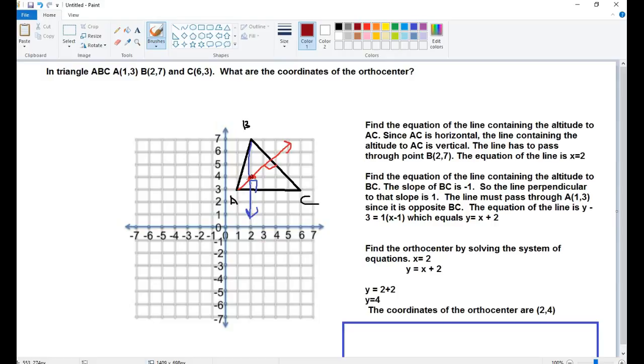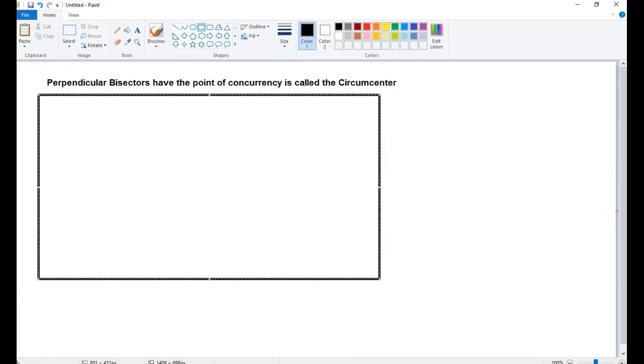All right, last thing we're going to do is just a summary of all these 4 different ones and what they are going to be. Perpendicular bisectors have the point of concurrency called the circumcenter.